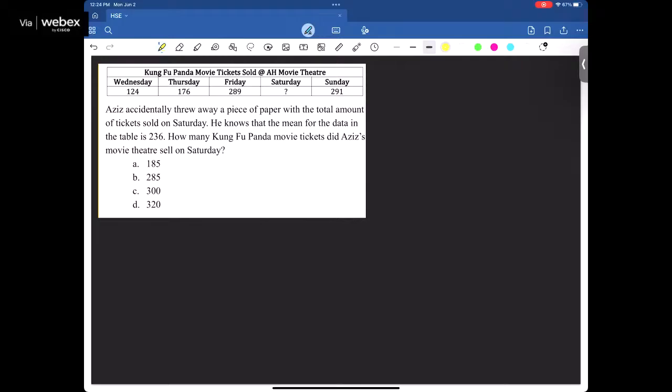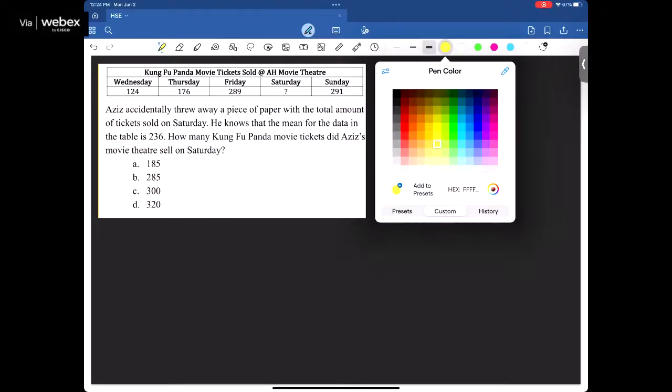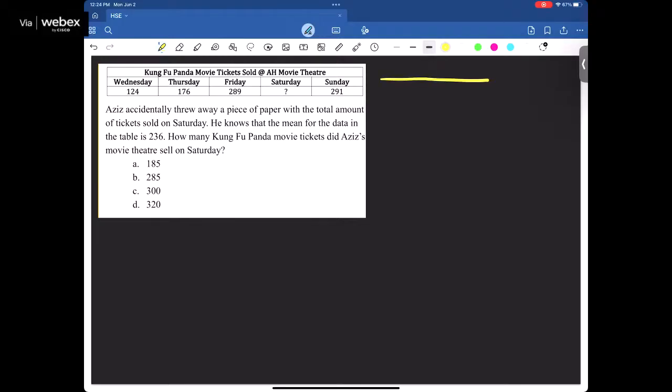Here we have a data set of numbers, and we also have a word problem. But notice there's something missing. So let's see what's up with that question mark.